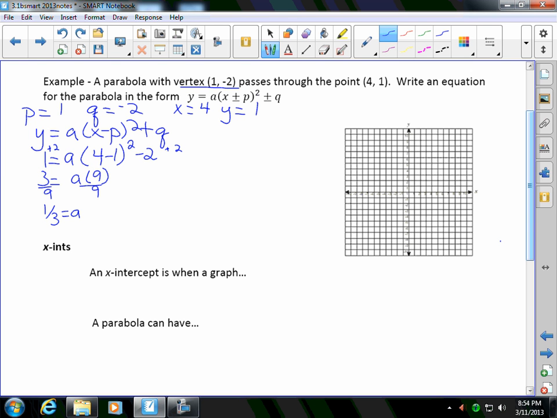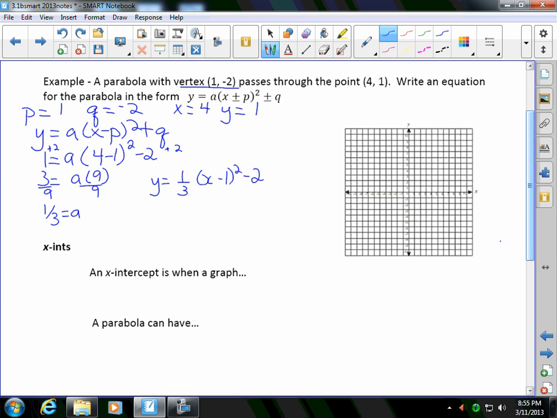So from my equation here, I can figure out that my equation for this parabola would be y = 1/3(x - 1)² - 2. So your equation would be finished from there.